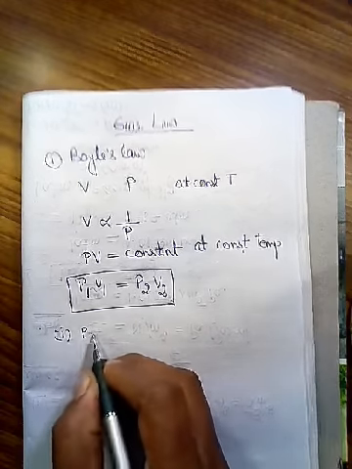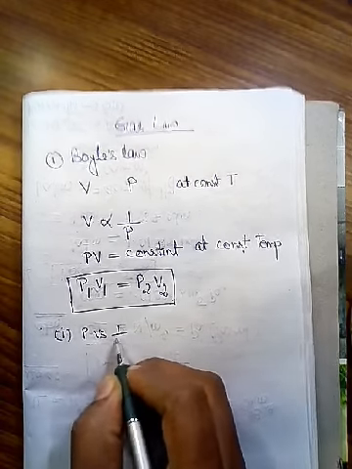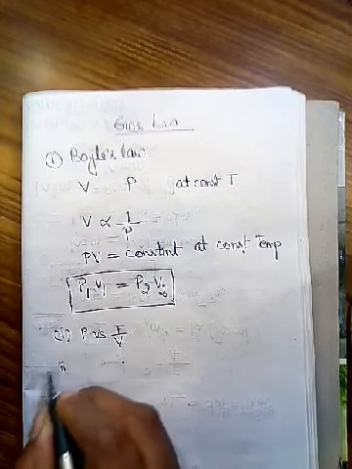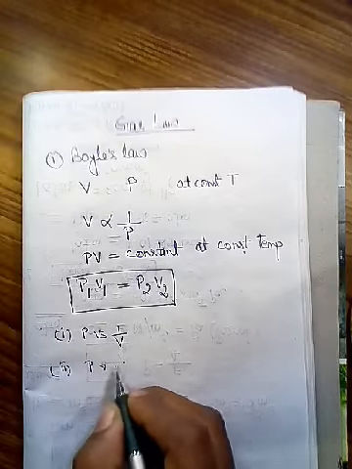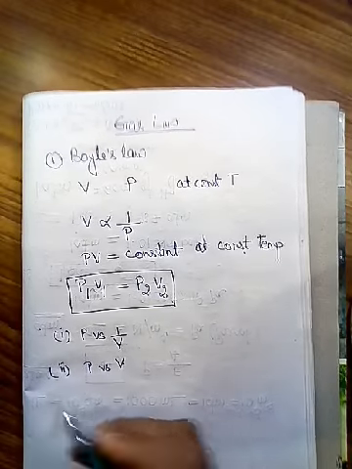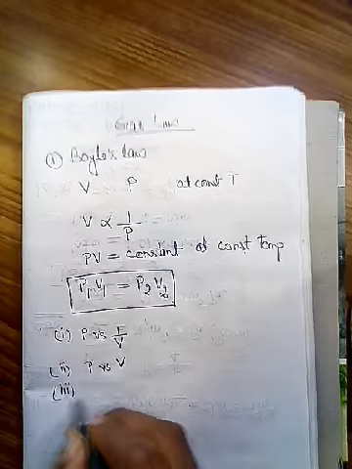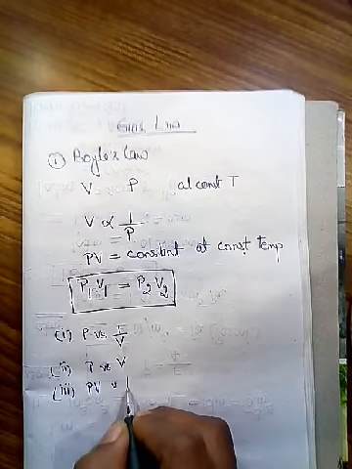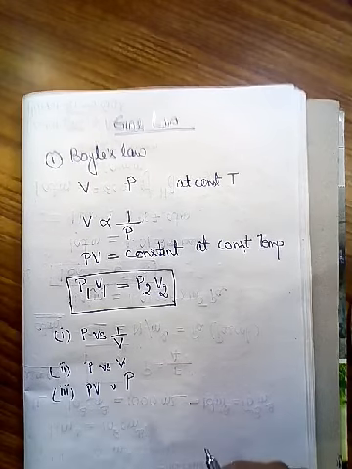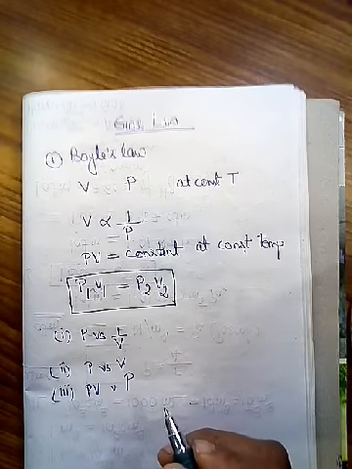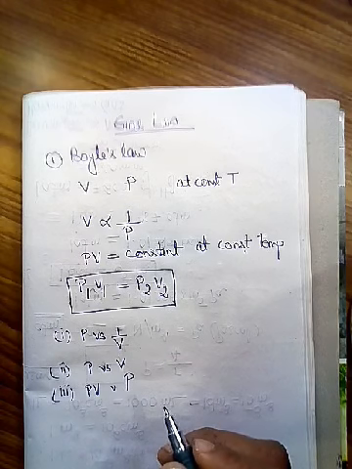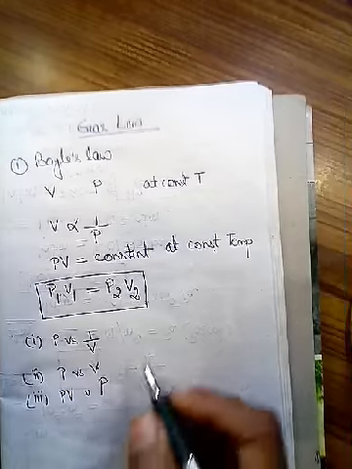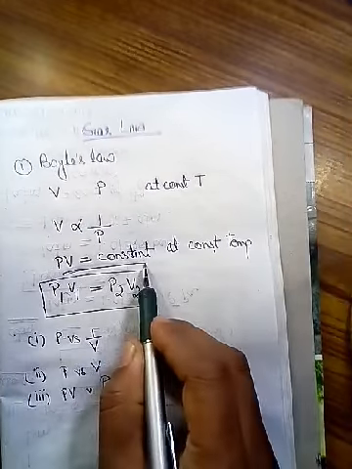We can have P versus 1 by V, P versus V, and PV versus P or V. One more graph can be obtained by taking this relationship.